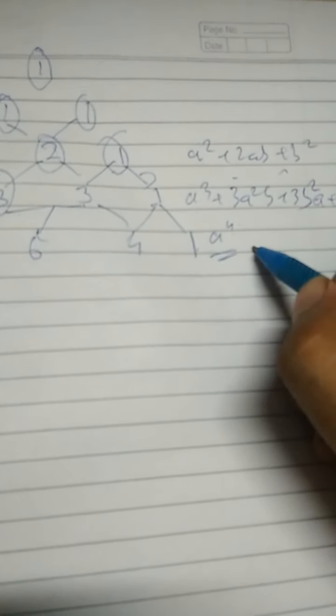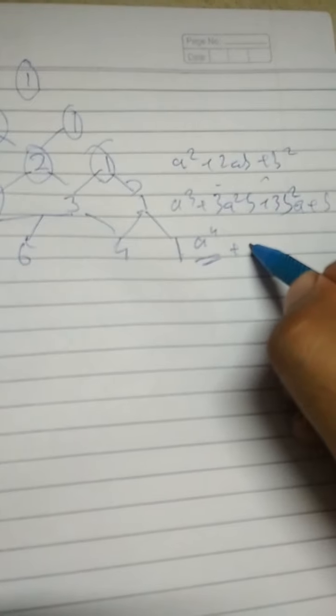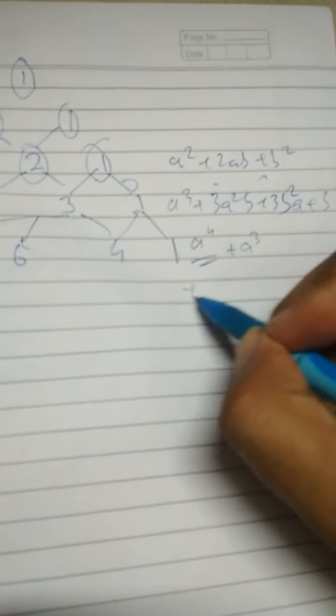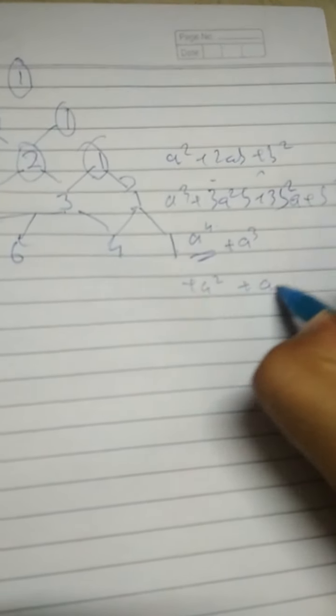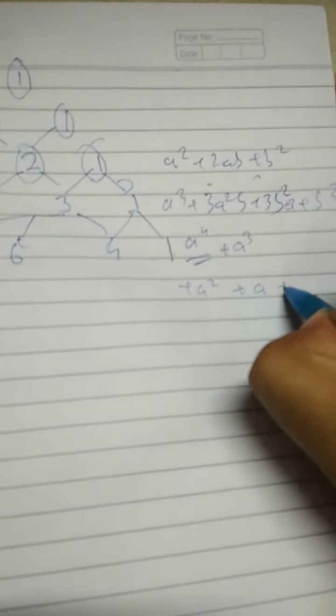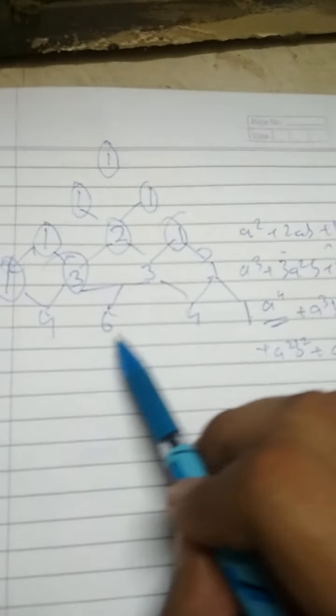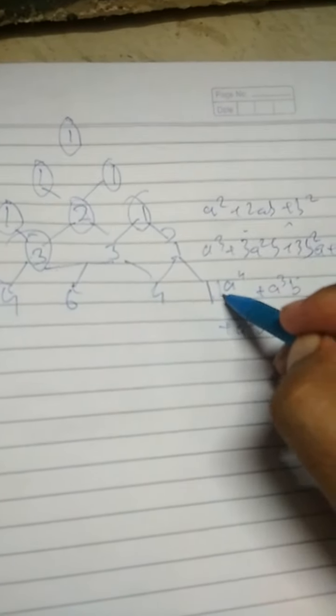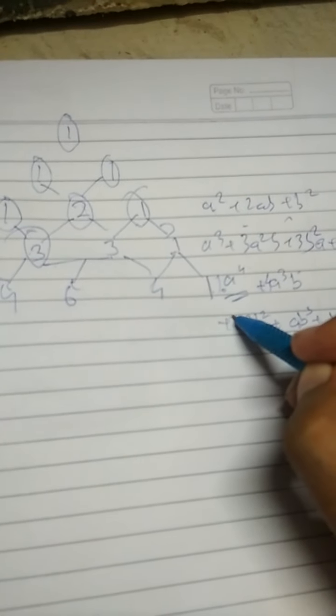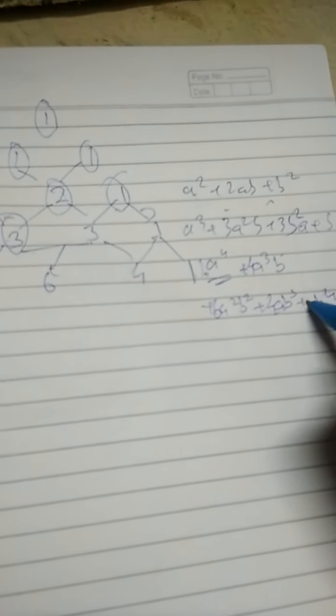We will go on decreasing the power of a: a cube, then a squared, then a, then a to the power 0, and we will go on increasing the power of b: b1, b2, b3, and b4. Now it would be 14641. That's how we got these terms.